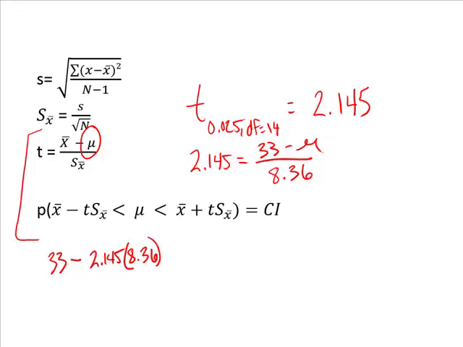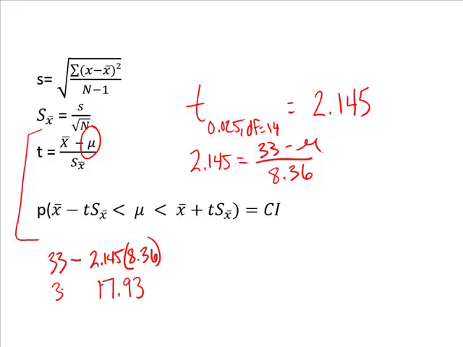I need a calculator. 2.145 times 8.36 is 17.93. Did anybody else get that? Or you're just all sitting here to see if I know how to work a calculator.